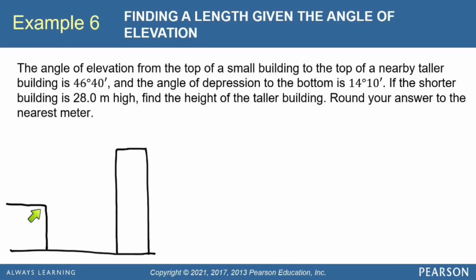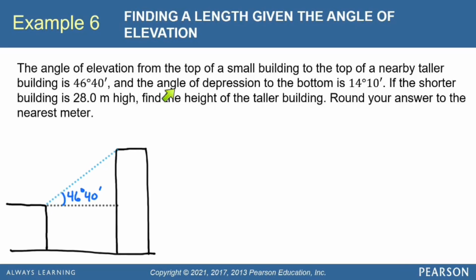So we'll draw this imaginary line here. And then it said the angle of elevation for that was 46 degrees and 40 minutes. So we need a little imaginary horizontal line here to measure our angle of elevation. And we know that that angle right there will be 46 degrees and 40 minutes.